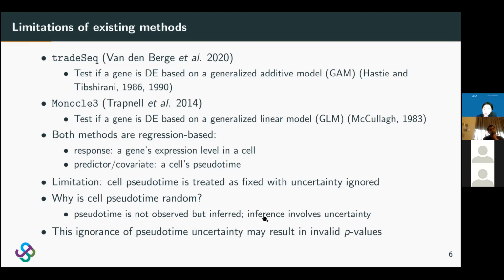So this inference step itself involves some uncertainty, and the degree of uncertainty depends on the pseudotime inference method. Our argument is that ignoring pseudotime uncertainty may result in invalid p-values. We'll check whether this argument makes sense.